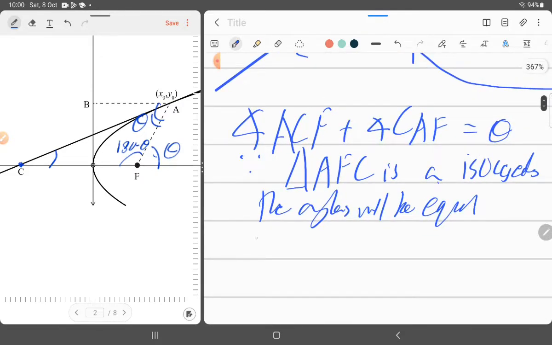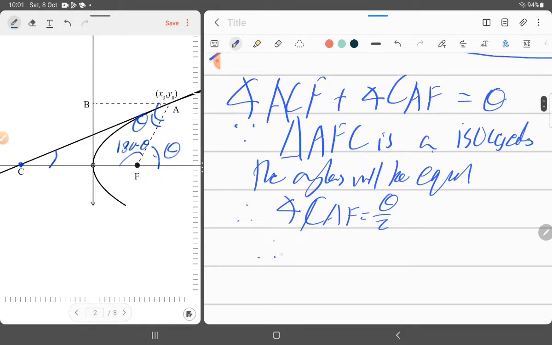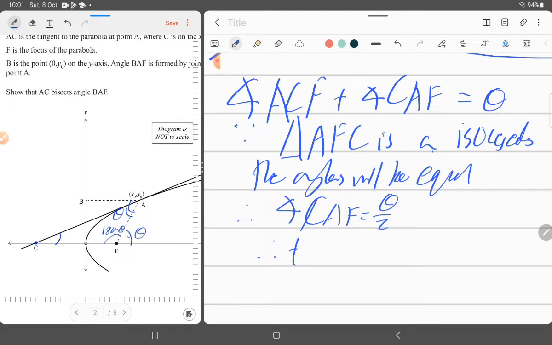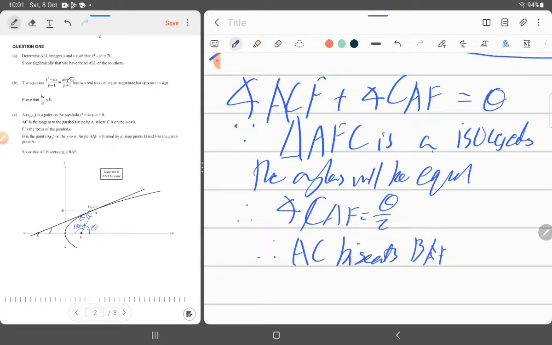So therefore angle CAF is equal to theta. Therefore AC is parallel to BAF. Okay, question 1 done.